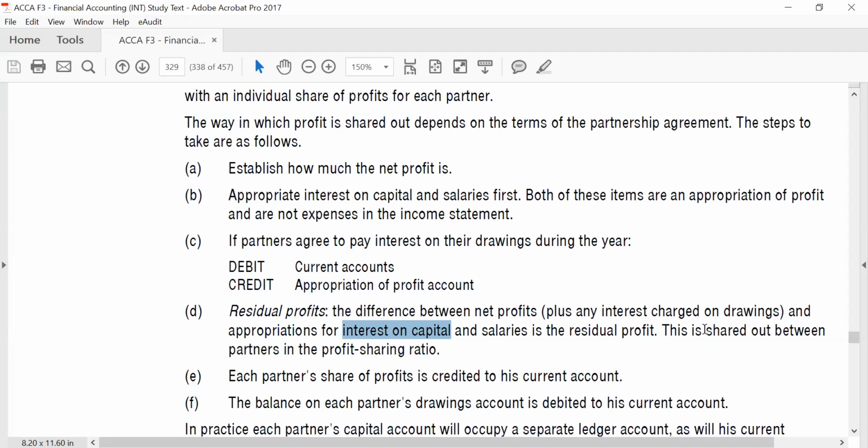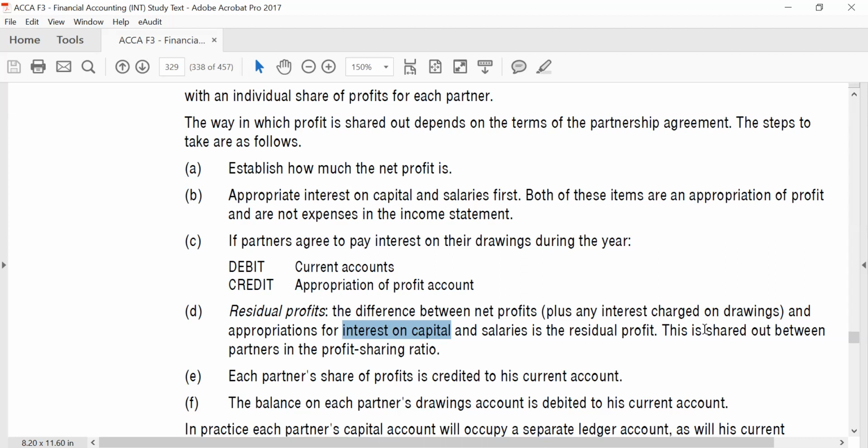And this is shared among the partners based on their profit sharing ratio. Now, for examination purposes, the examiner will always give you the profit sharing ratio. But in practice, when you're working for a partnership business, this sharing ratio will always be in the partnership deed. You can always look for the partnership deed or the partnership agreement and be able to find this information.